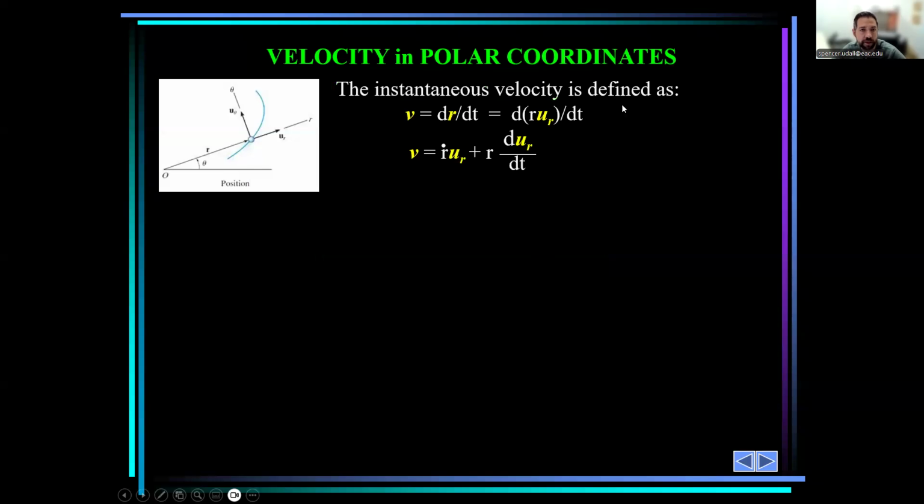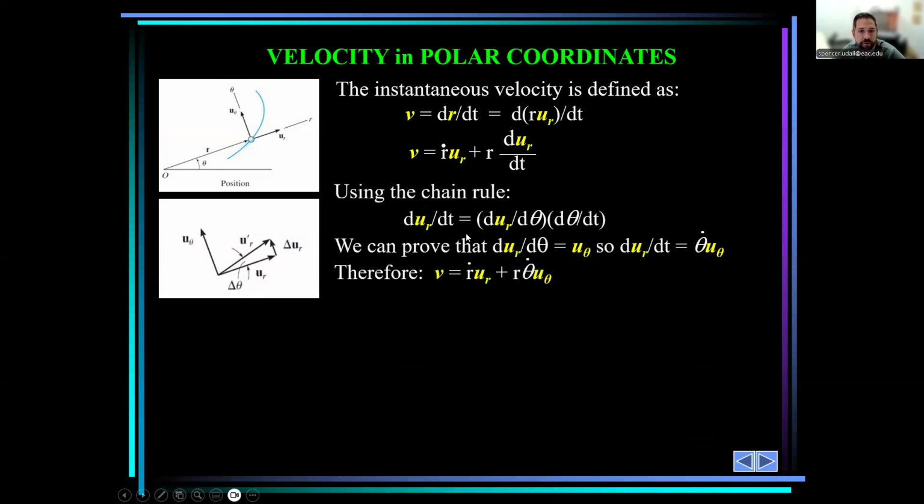So the instantaneous velocity, we're still going to be doing dr/dt, where r is the position vector. As that changes per time, we're going to end up with two components now, because our velocity is not 100% in the theta or the r direction. We'll have a dr/dt, r dot, for the r component, but we'll have this r d/dt of the unit vector in the r direction as well.